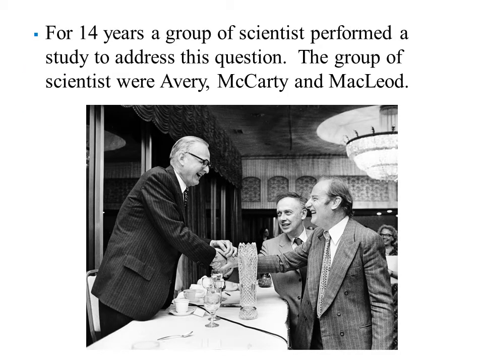These three scientists would try to address that question for the next 14 years. So they performed countless studies to figure out what was the transforming agent in Griffith's experiment. These scientists were Avery, McCarty, and McLeod.